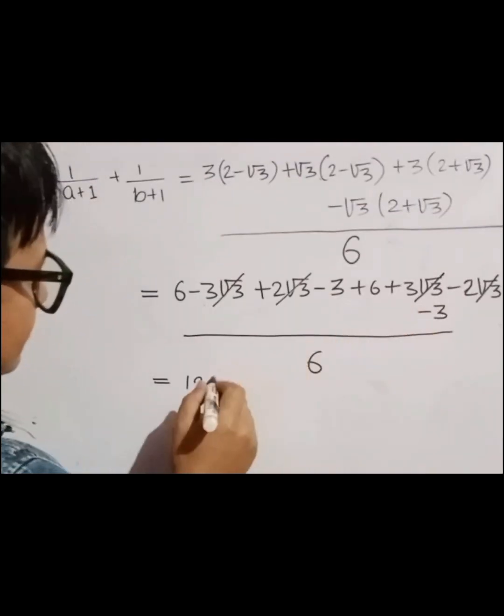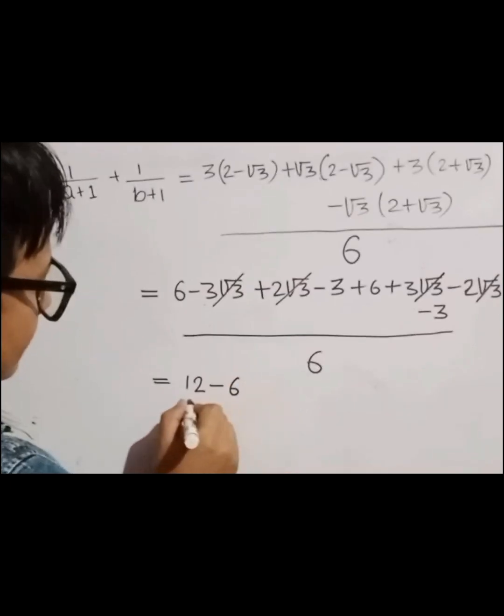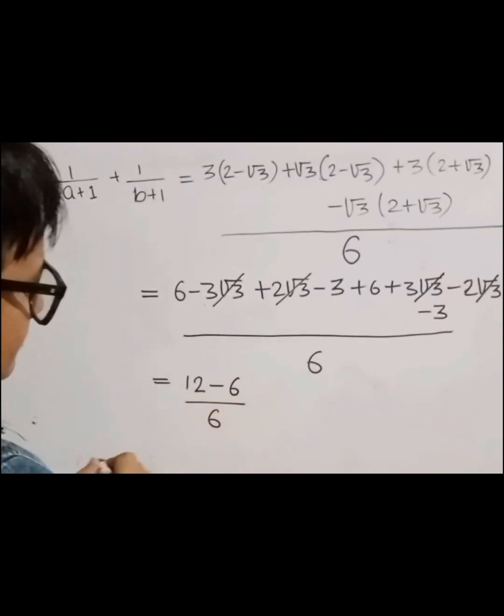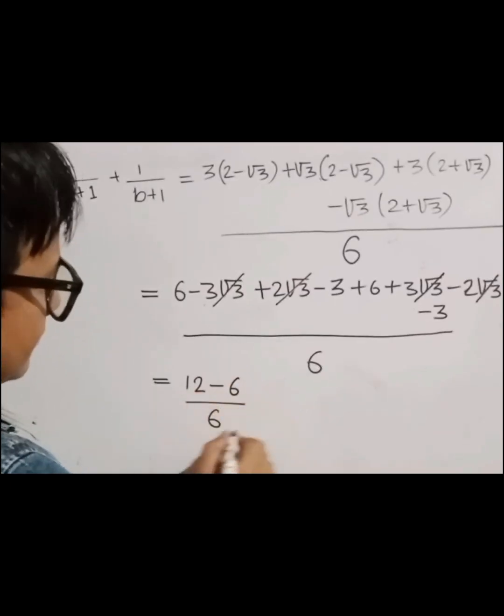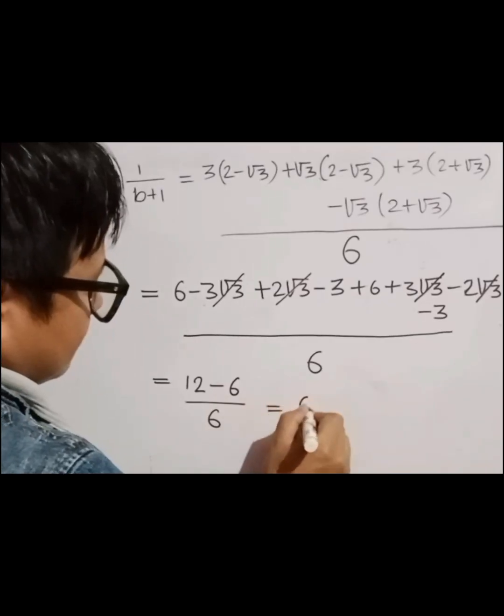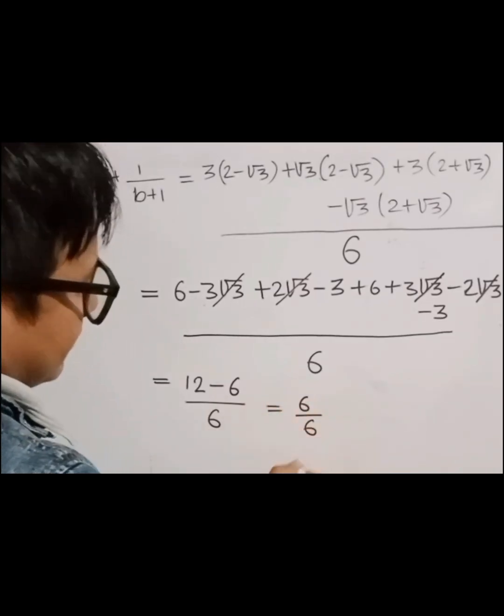Now we have to add this 6 and this 6, and the sum is 12. And we add minus 3 and minus 3, and their sum is minus 6. And in the denominator there is 6. And 12 minus 6 is 6, upon 6 in the denominator.